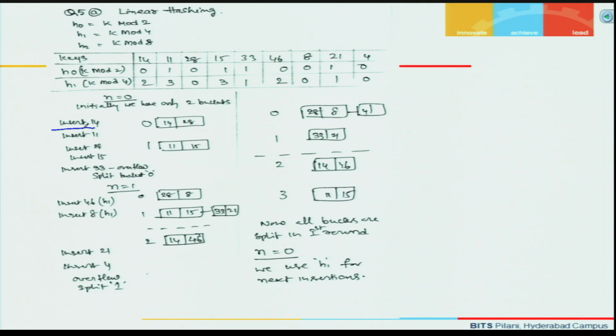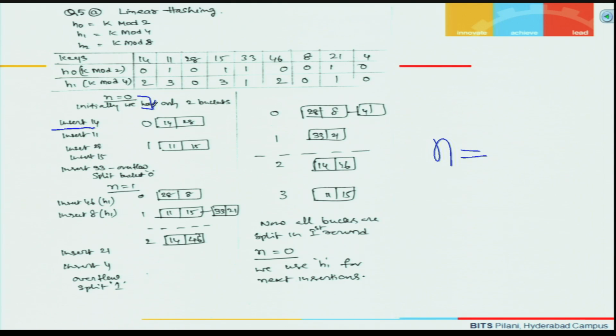There is one more important thing, a variable called n, which will always indicate the bucket that needs to be split whenever there is a collision occurring in the system. Now n is equal to 0, which indicates that 0 is the bucket that will be split whenever there is a collision.